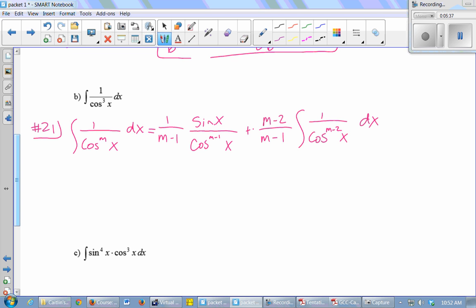So my formula for the integral has an integral in it. So fingers crossed that that new integral will be easier than the original.